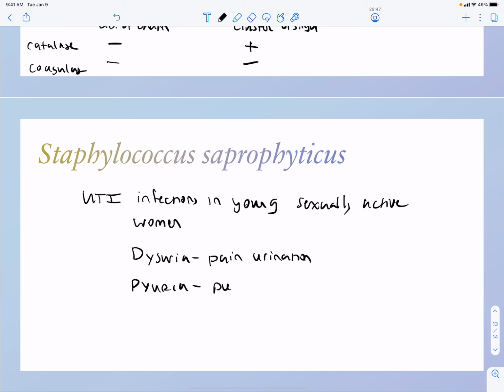Which is pus in the urine. And then they are going to respond to antibiotics. Because this is not caused by our Staph aureus. Okay.